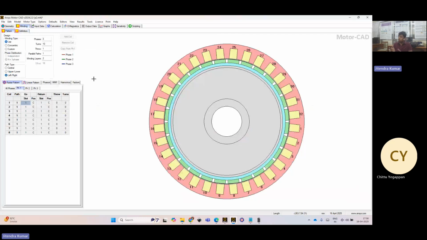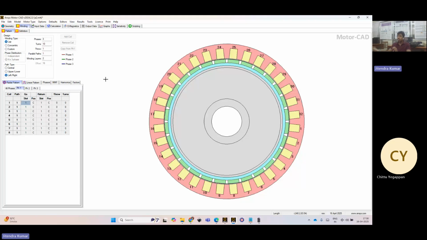Now if you have to divide 8 slots among 3 phases, how will you divide? Are you getting my point? If you have to distribute the winding of 3 phases among the 8 slots, how will you equally distribute? That is the issue here.